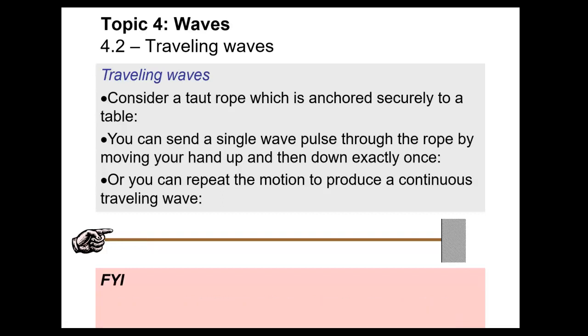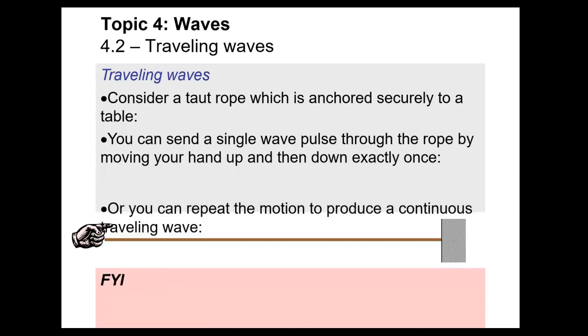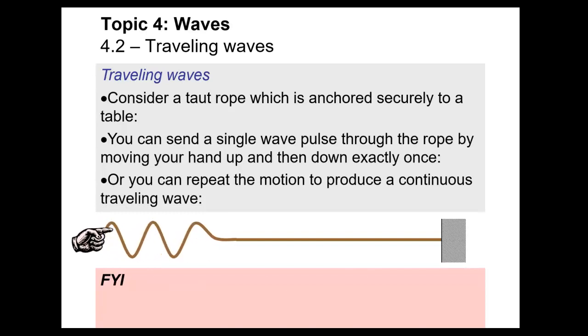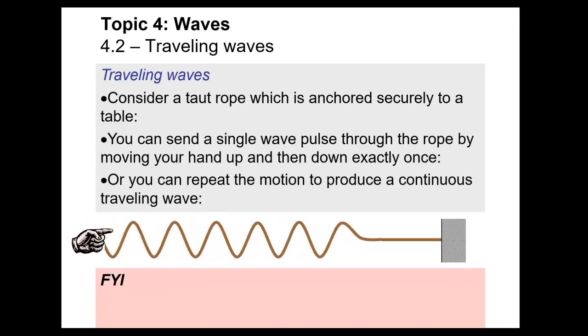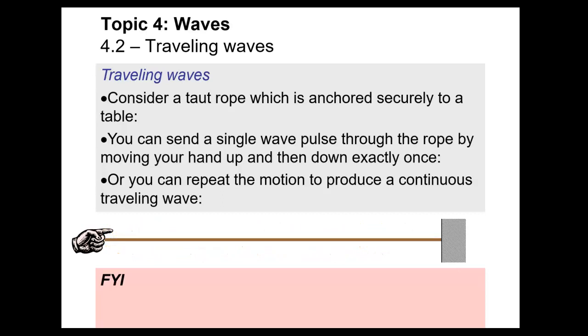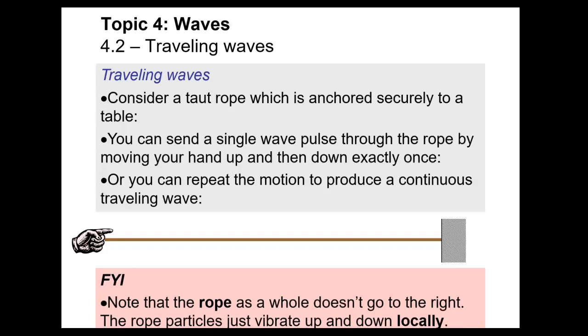That's what I meant when I said that traveling waves carry energy, not matter. Let's see that one more time. What you're seeing is not the rope itself moving to the right, but each individual particle on the rope moving up and down. Kind of like that.